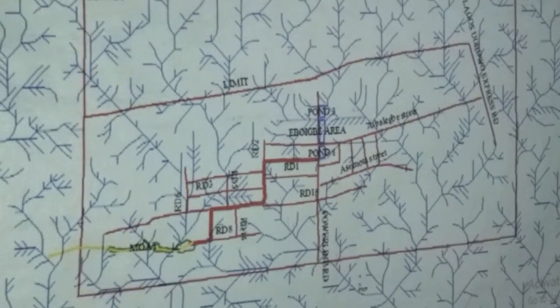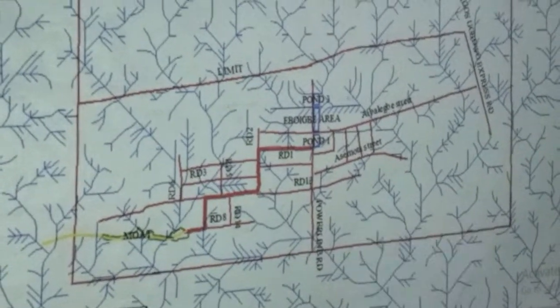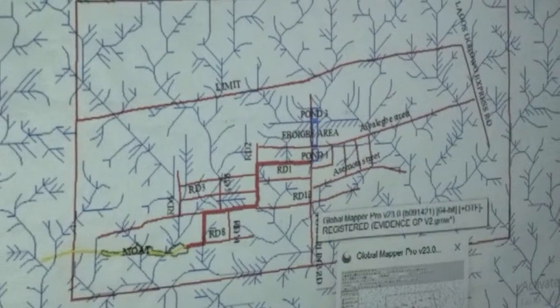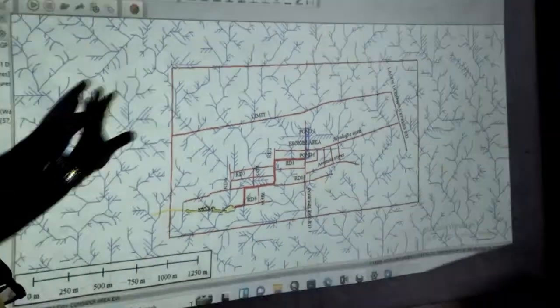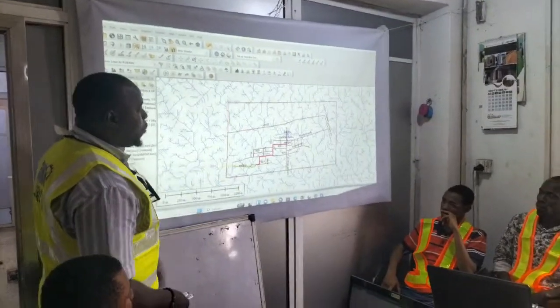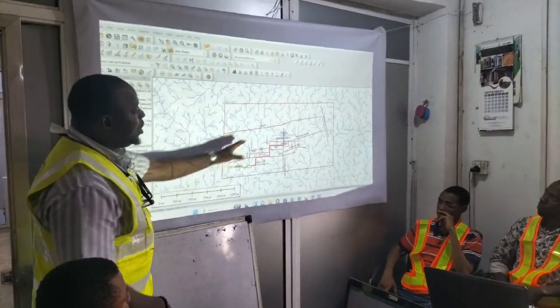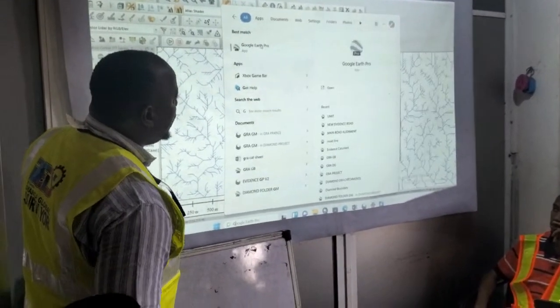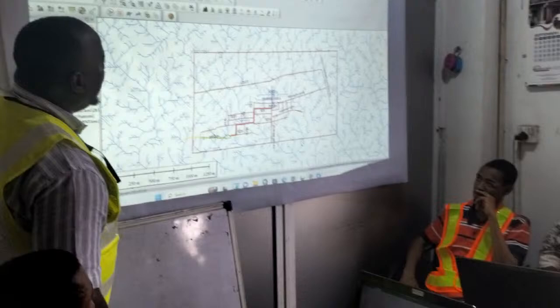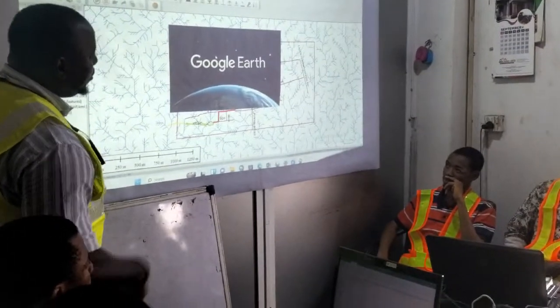Now, first and foremost, what you are seeing, these are actually natural flow paths within the project site.